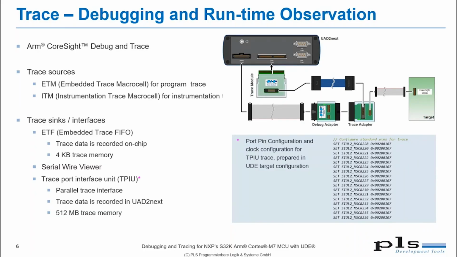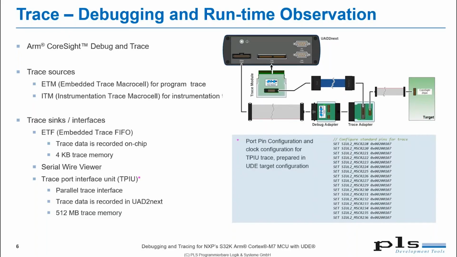The recorded trace information can either be stored in an on-chip trace buffer, so it's called ETB, or it can be transferred off-chip using a parallel trace interface. So the ETB is rather small, 4K, that results in very short trace runs.